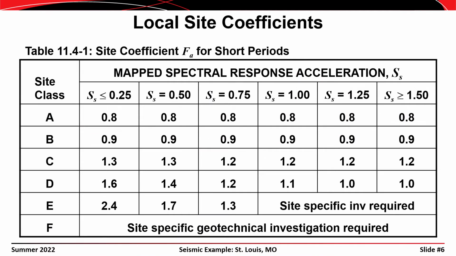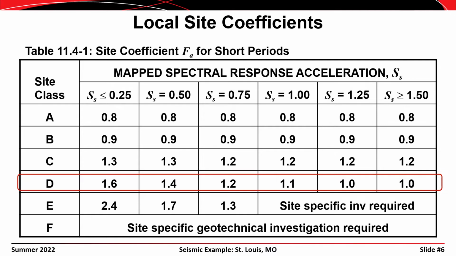Referring now to table 11.4-1, for a site classification D and a mapped value of S sub S between 0.25 and 0.50, we can find that our site coefficient F sub A is going to be between 1.6 and 1.4.